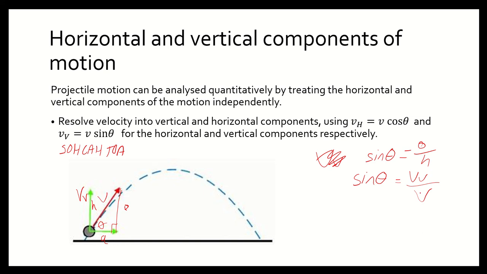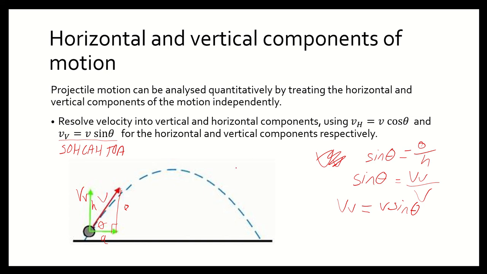And we can rearrange this. If we wanted to find our vertical component, we multiply both sides by v, and we get that the vertical component is v sine theta, which is what you'll get given on your formula sheet. So you don't need to memorize it or even be able to rearrange it, but I'm just showing you.